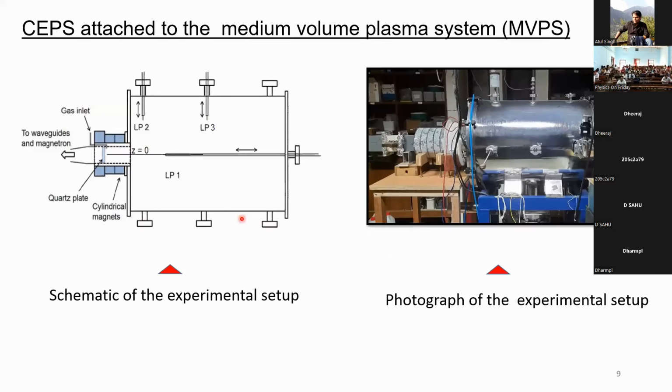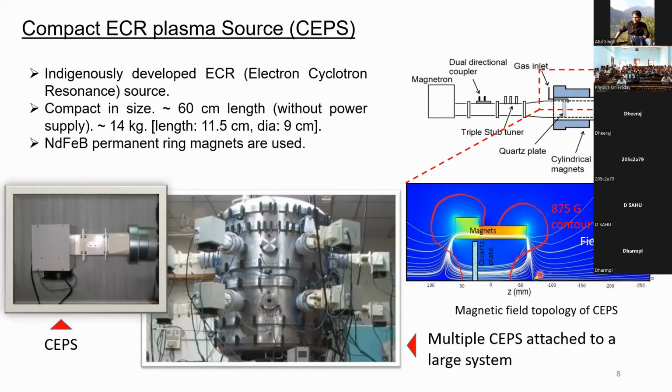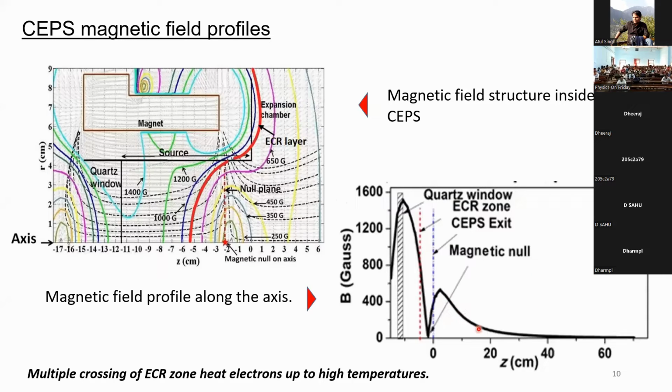You remember, here the converging part is there. After that the field goes down, as it is diverging. So whenever you see this type of profile, this is called the magnetic nozzle. Because of the ring magnet, the field structure is very complex inside, which I am not explaining here. It is also not the purpose of this talk. But as I said, this is the magnetic nozzle.